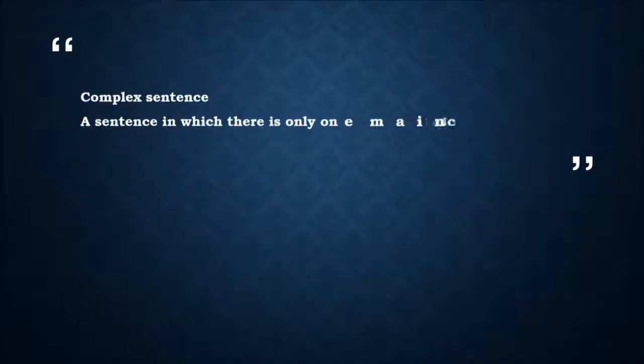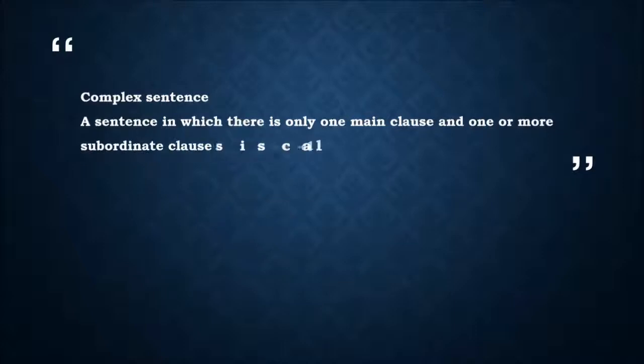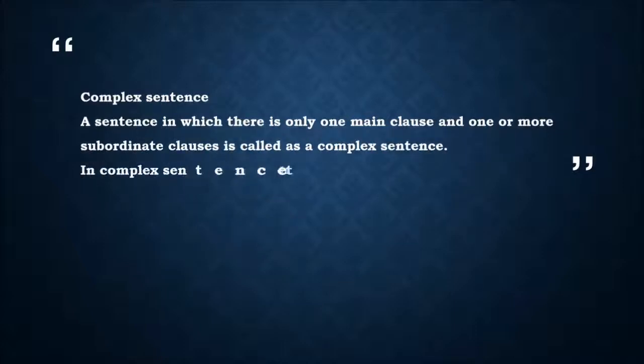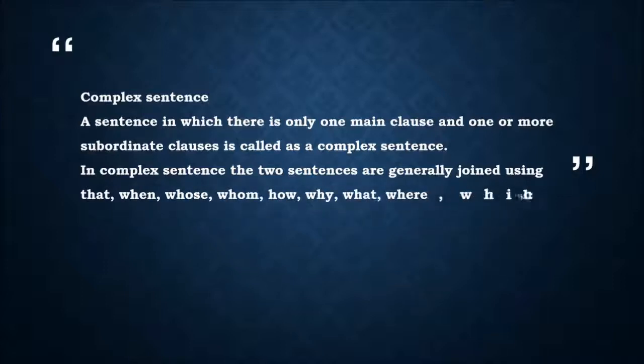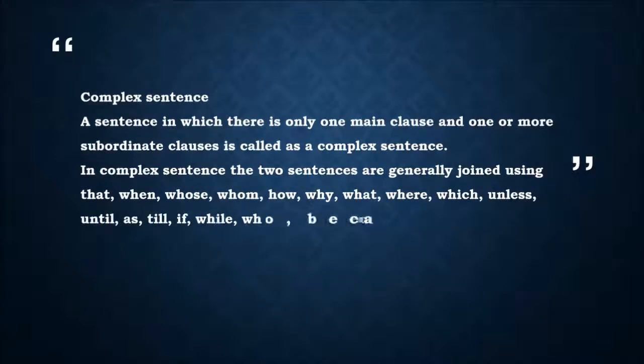A complex sentence is a sentence in which there is only one main clause and one or more subordinate clauses. In a complex sentence, the sentences are generally joined using that, when, whose, whom, how, why, what, where, which, unless, until, as, till, if, while, who, because, since, etc.